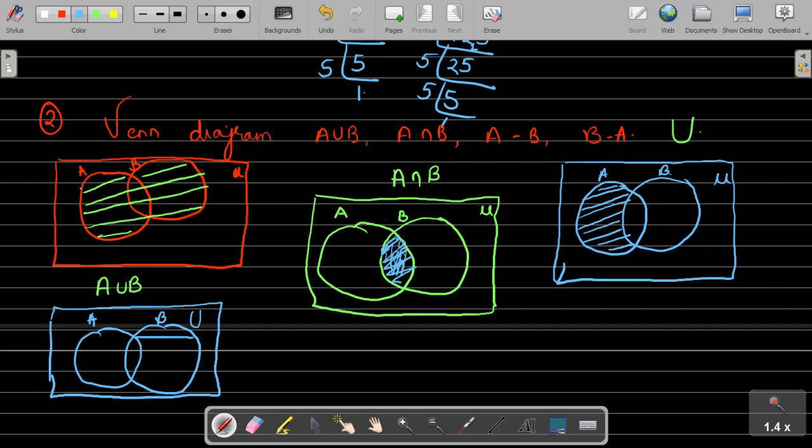Now look at this. B minus A means except the overlapped portion, the rest of the area represents B minus A. You should not go into the overlap portion. No line should enter this one.